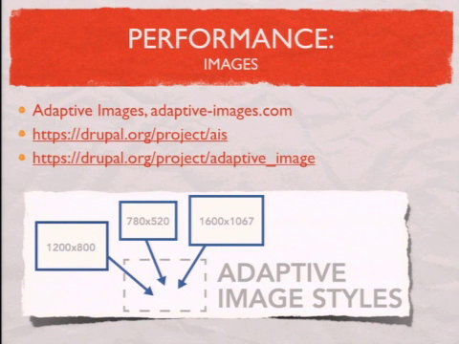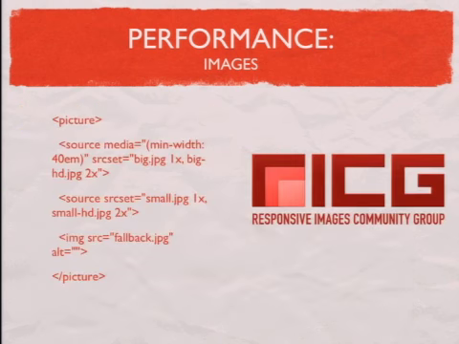I think this picture code that's come out of the responsive images community group is sort of the future. It's certainly been embraced already by Drupal 8, so you'll be learning more about this, but essentially what it's doing is rewriting your image tag using this picture element.